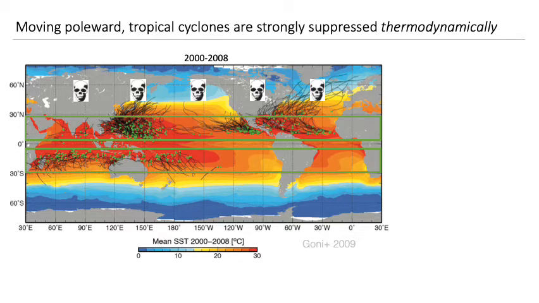Okay, in contrast, thermodynamic variability is much more pronounced. Moving poleward, tropical cyclones are strongly suppressed thermodynamically. This is our plot from earlier in the lecture showing sea surface temperature distributions and genesis points and tracks.